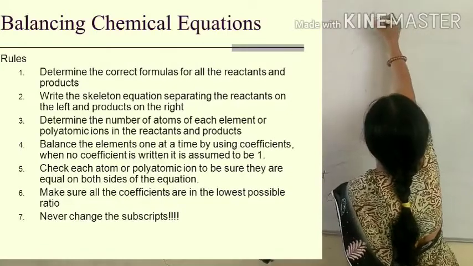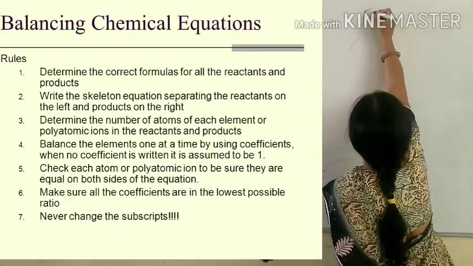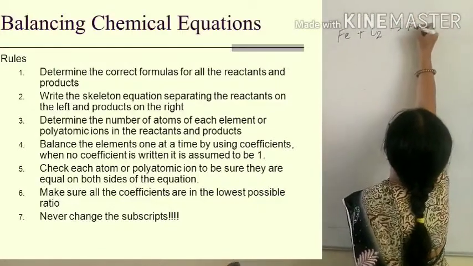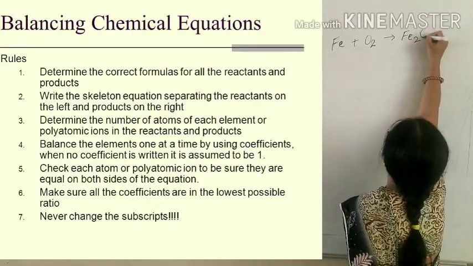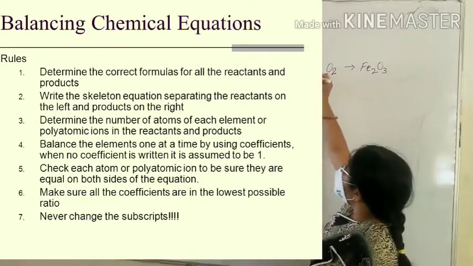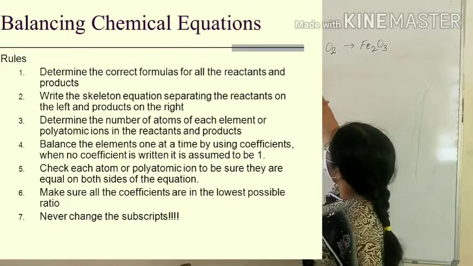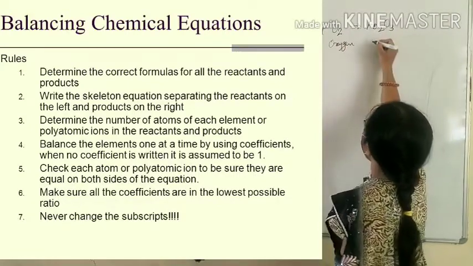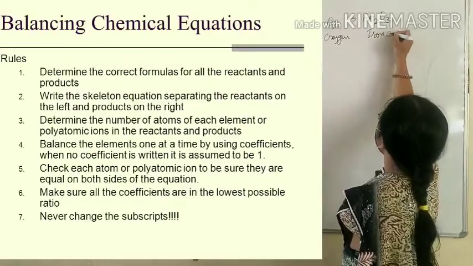We will take the example of iron plus oxygen gives rise to iron oxide, that is called ferric oxide. Here Fe is the symbol of iron, this is oxygen, and this is iron oxide.